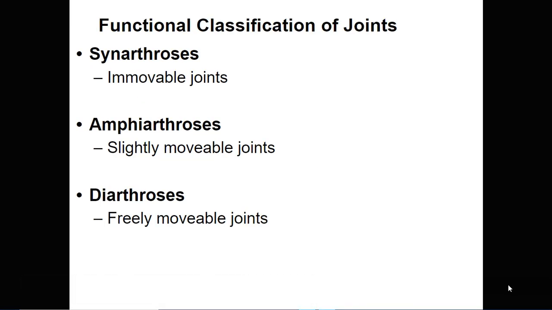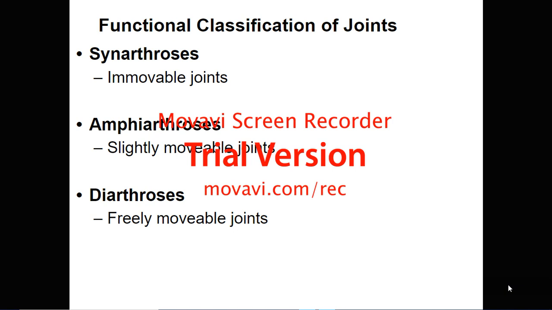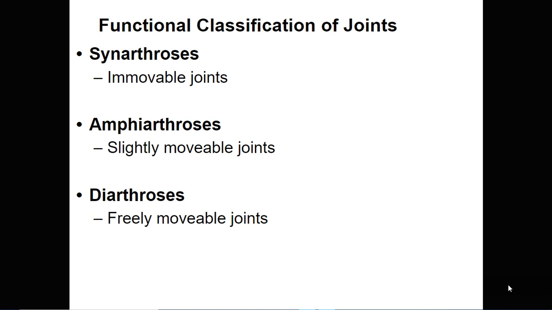The functional classification of joints talks about the amount of movement allowed at the joint. So you have essentially three types of classifications for the functional classification. Synarthrosis, those are going to be your immovable joints.